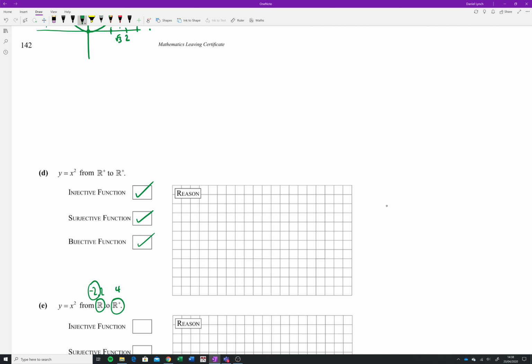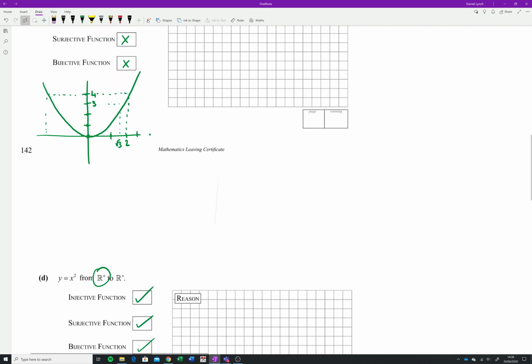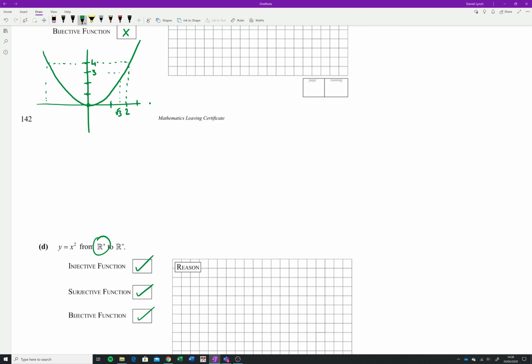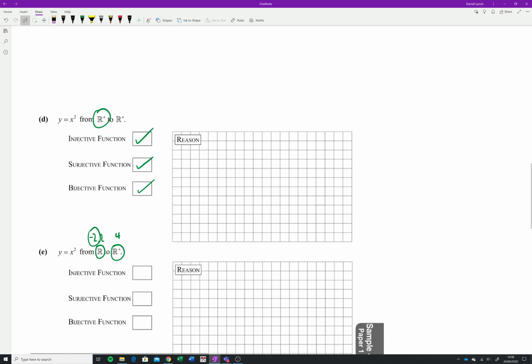Before we couldn't, because it was only taking positive real numbers. So is it injective? It is not injective, because it's meant to hit only once, and in this case, if you were to look at a y value of 4 across left and right, it's going to hit where x is 2 and where x is -2. That's 2 places, that's more than 1.